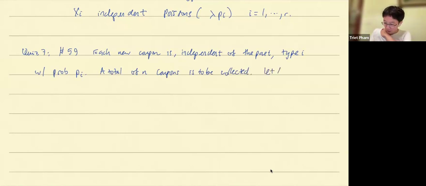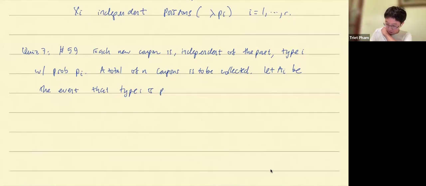So let A_i be the event that type i is present in the collection. Okay.